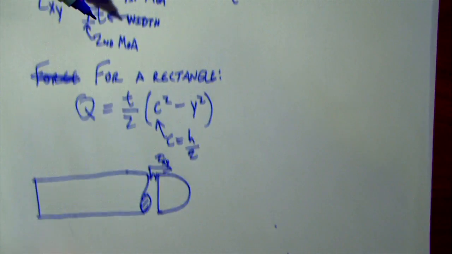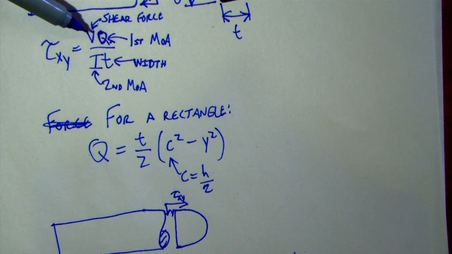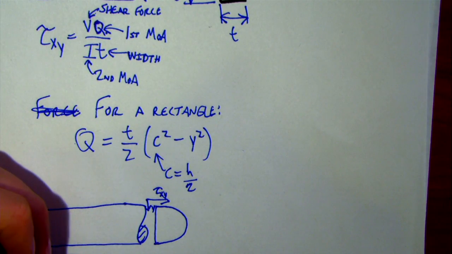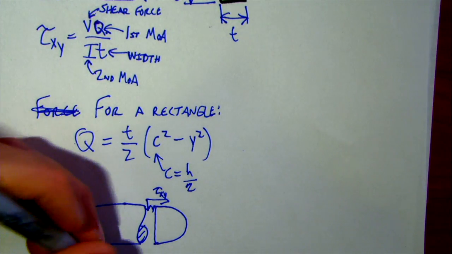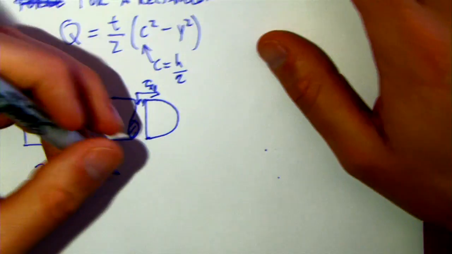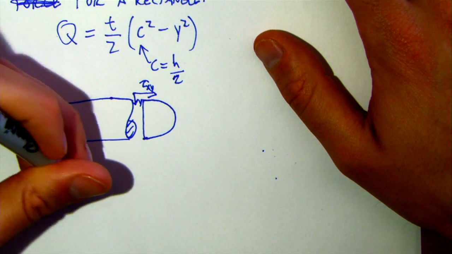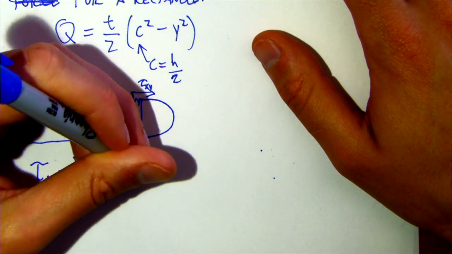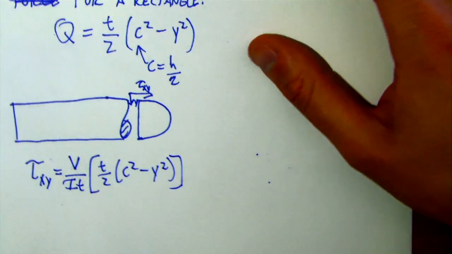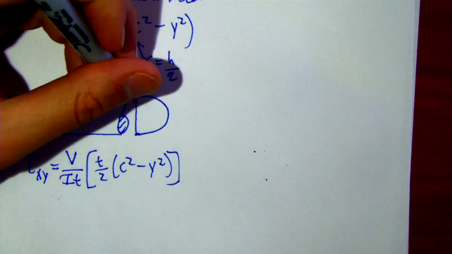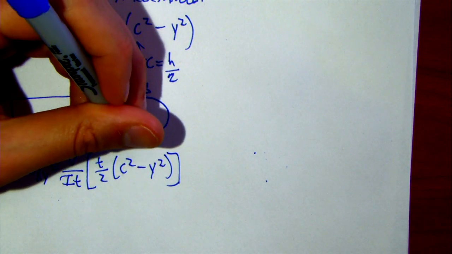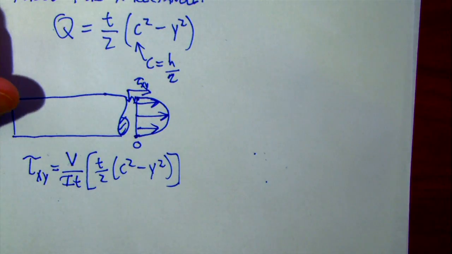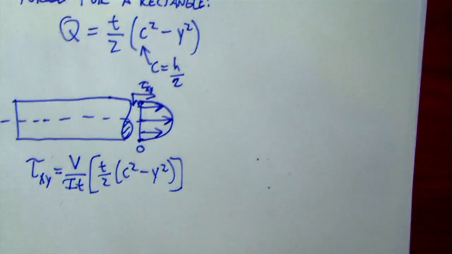So since if I substitute in for a Q there, the only thing that's changing is a y squared, my shear stress changes quadratically. You can see that my shear stress changes quadratically across this section, going from 0 at the top to 0 at the bottom, but reaching a maximum right along the neutral axis at y equals 0. We talked about that a bit last time.